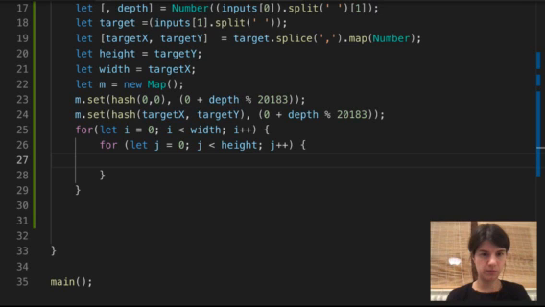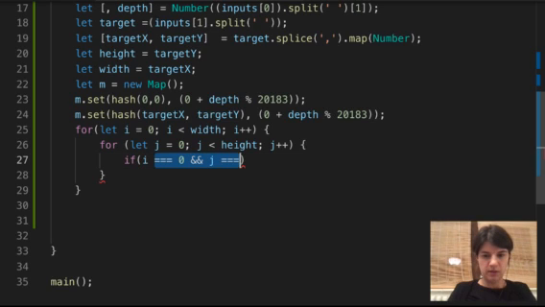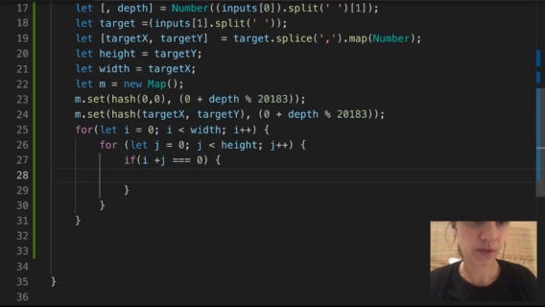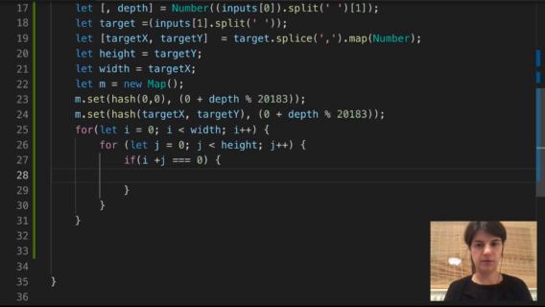So if i is equal to 0 and then if i plus j is equal to 0, then I need to very briefly check. First we do 0 and then we do the target.